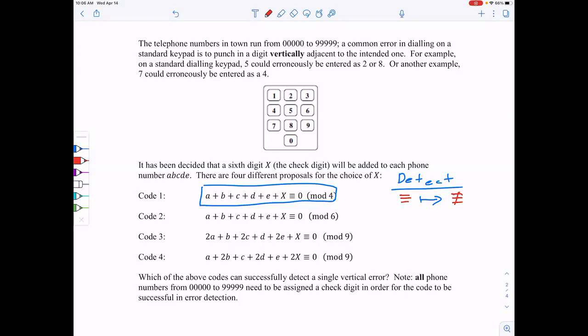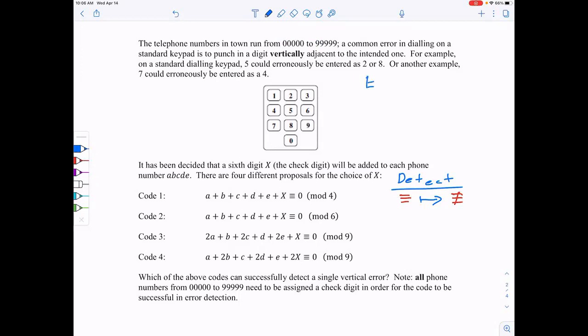So let's think about some of the errors that might occur, or the change that would take place if an error occurred. Let's just say A. A is going to represent the first digit in our phone number. If your first digit is 0 or 9, anything in between, that could be an A value.